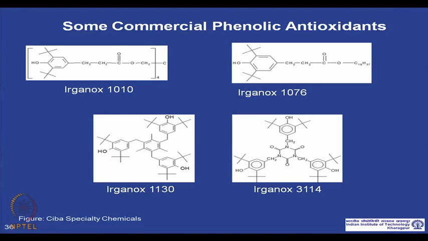And one thing to note, not only for this antioxidant but for all other additives as well, is that it's not always the case that all these additives will work for a particular polymer or for all polymers.